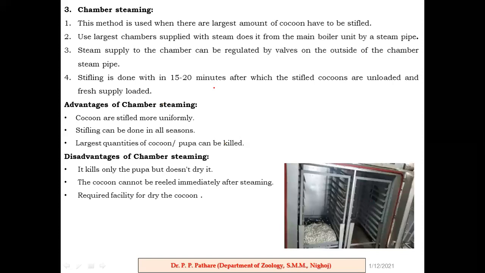By using this method you easily stipple the cocoon within 15 to 20 minutes. Second, very important thing, you can stipple the largest amount of cocoon at a time. Some advantages of chamber steaming: the cocoons are stippled more uniformly.